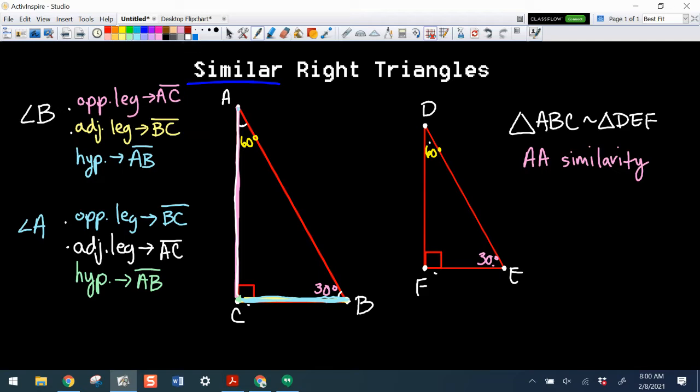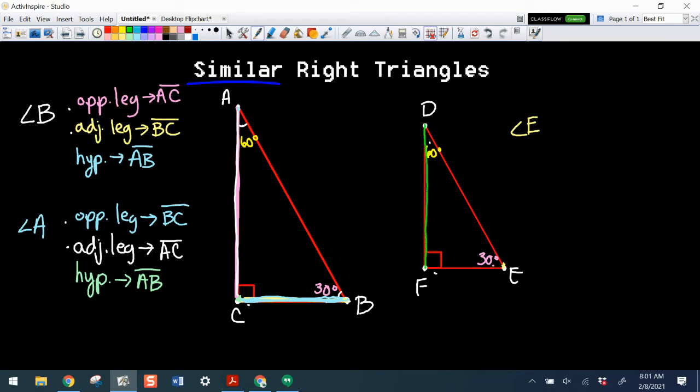Now let's do something very similar to this other triangle over here, our other similar right triangle, and we'll start with angle E. I think that makes sense considering we've already established that angle E is congruent to angle B. So in reference to angle E, the leg opposite to angle E is side DF.